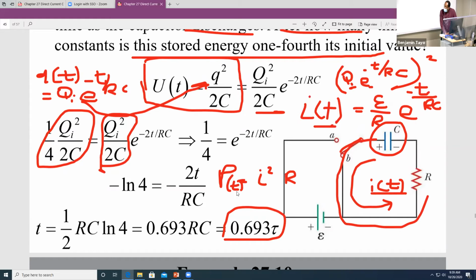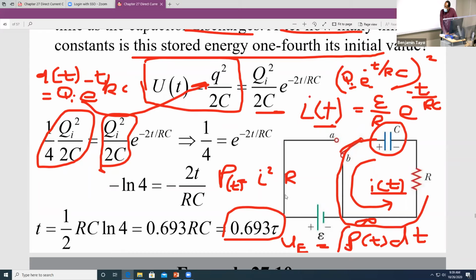I can calculate the power as a function of time by taking the current squared times R. Then, for example, if I want to calculate the total energy given to this resistor, I can take the power as a function of time, multiply it by dt, and integrate all of this from 0 to infinity.